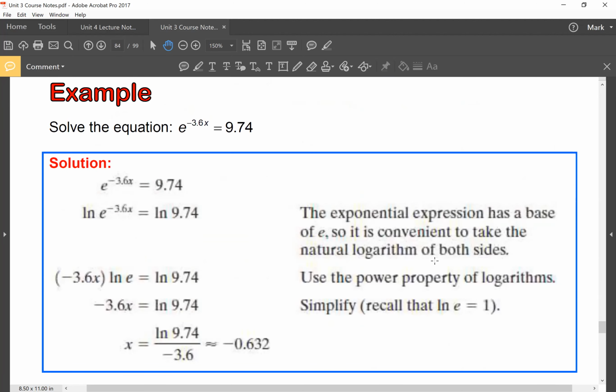Actually, for this question, if you ever see an e, you do want to use ln. Whenever I see e, my brain says, there must be an ln in here somewhere.